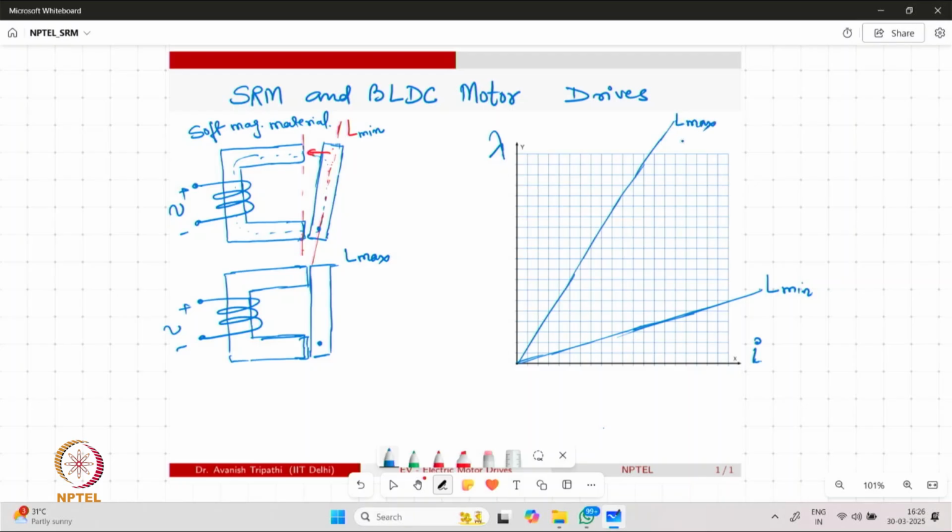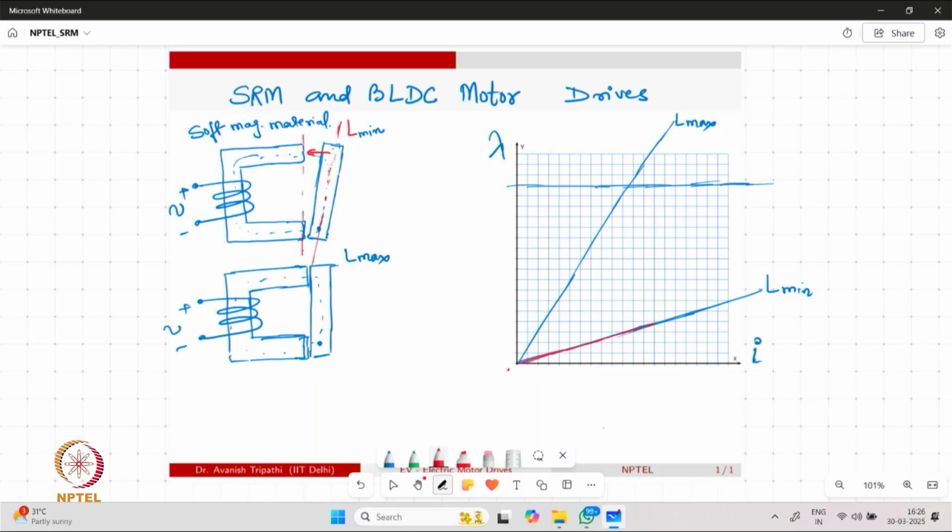And because any system has a maximum limit on the flux linkage, there is a possibility that after a certain value of flux linkage, the core is going to saturate and the flux linkage is not going to move further to any appreciable value.